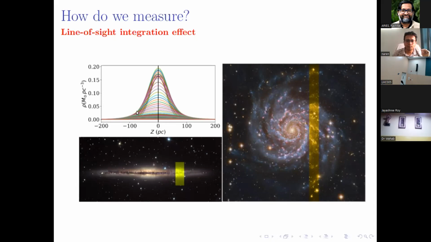So if I have a profile at a particular radius, it will have the sum of all sorts of profiles coming from different radii. Effectively everything gets summed up, and ultimately what you get is a summed-up effect. So direct measurement is not possible, and determining the particle density distribution through direct observation is not possible.